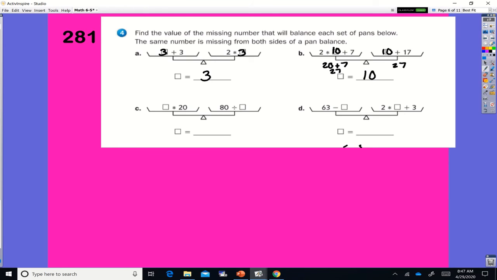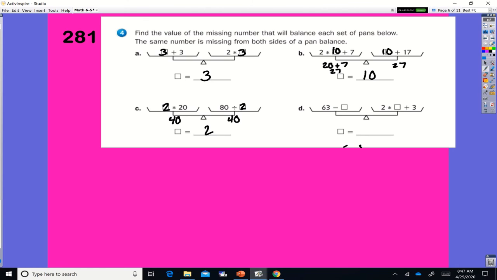Okay? You could also think of it as our variables that we've talked about. Now this one, multiplication and division are just opposite of each other. So I'm thinking here, okay, 2 times 20 gives me 40. If I divide 80 by 2, that also gives me 40. So this is going to equal 2.